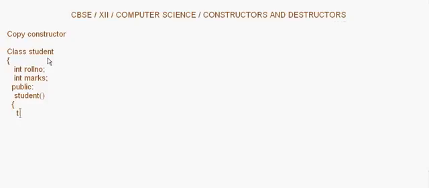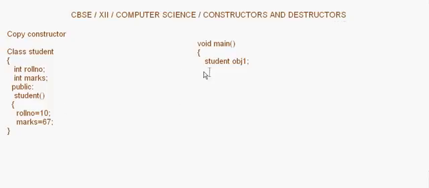Now in this constructor I write roll number is equal to 10 and marks is equal to 67, something like this, right? Now in the main method here, when I make an object of the student class obj1, this constructor is called. Fine. So this is a normal constructor.